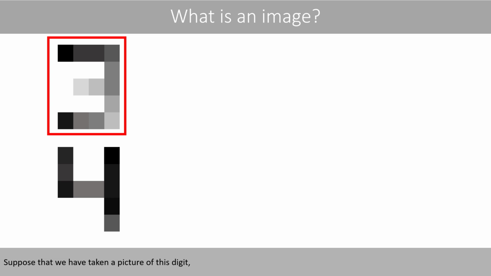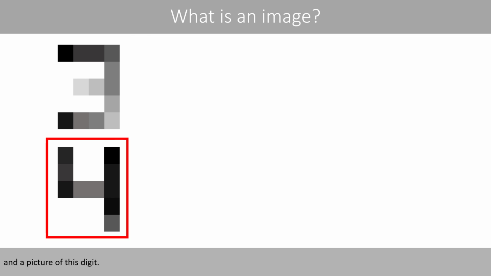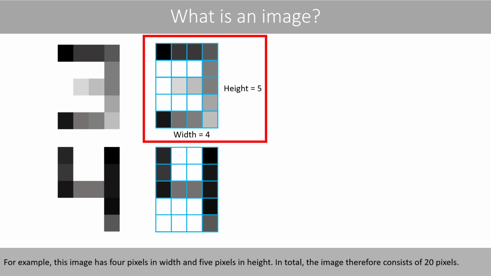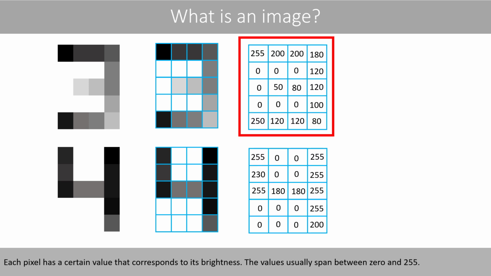Suppose that we have taken a picture of this digit and a picture of this digit. A picture consists of a grid of pixels. For example, this image has 4 pixels in width and 5 pixels in height. In total, the image therefore consists of 20 pixels. Each pixel has a certain value that corresponds to its brightness.